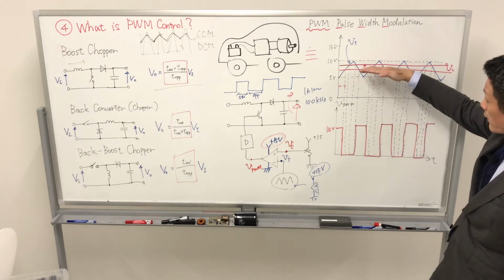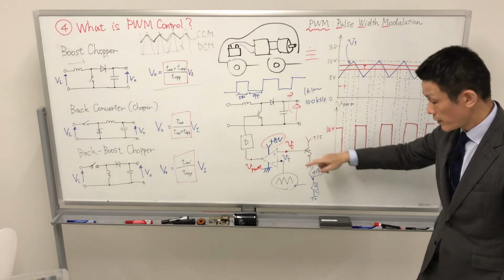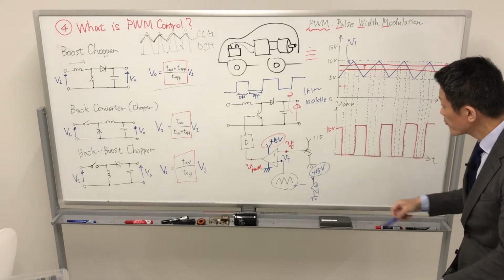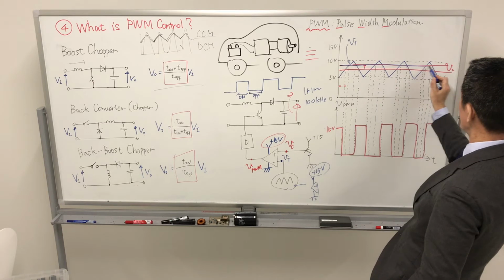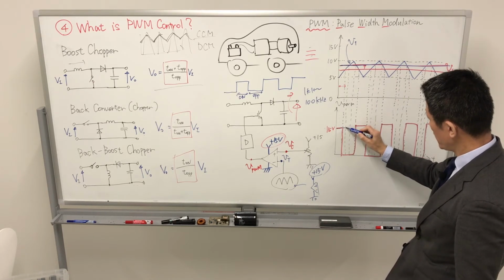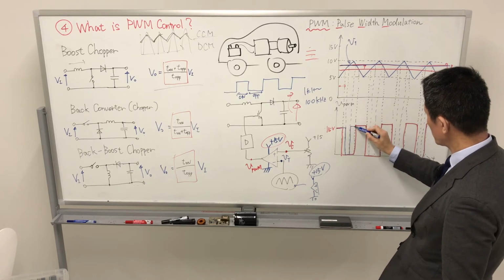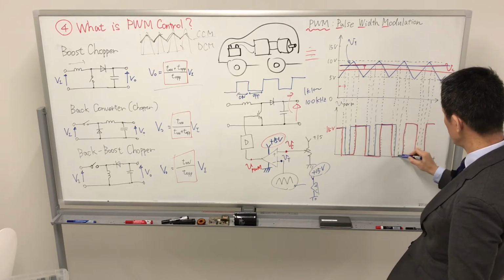In the case of the upper voltage, I will rewrite this blue line. It goes like this here, and like this here. Like here.